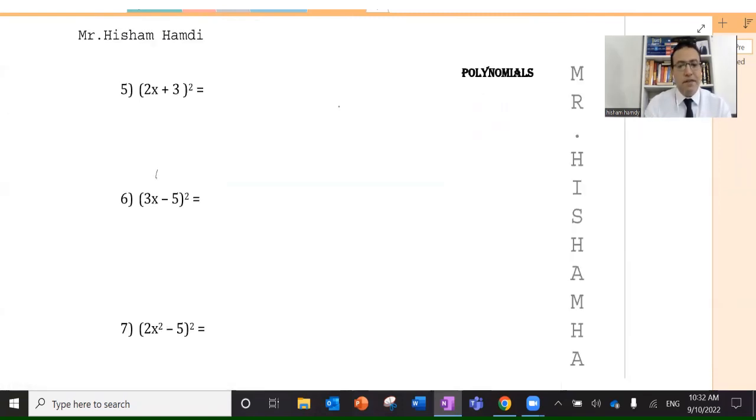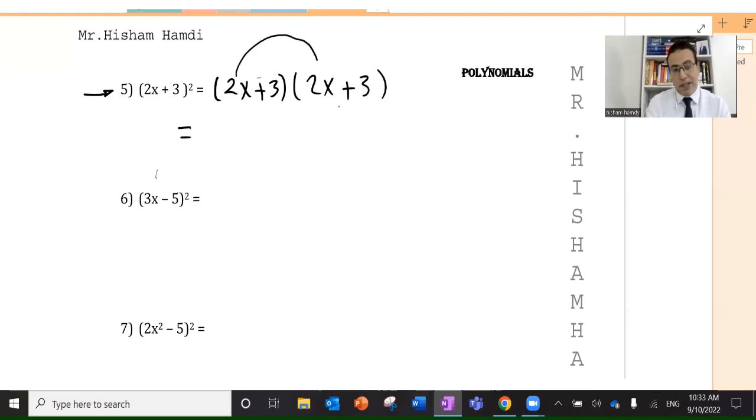Now, if I have number 5 with a bracket to the power of 2, usually I don't like to use the method of the first squared plus the second squared plus 2 times the first by the second. I prefer to write it as 2x plus 3 multiplied by 2x plus 3. Then 2x multiplied by 2x is 4x squared. 2x multiplied by 3 is positive 6x.